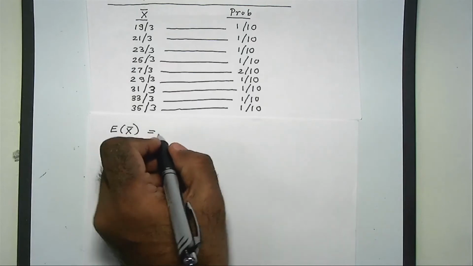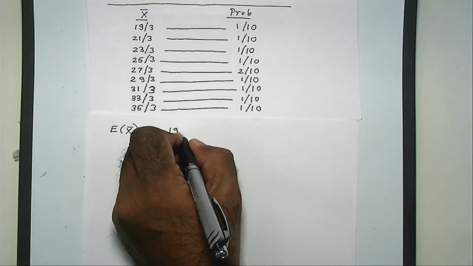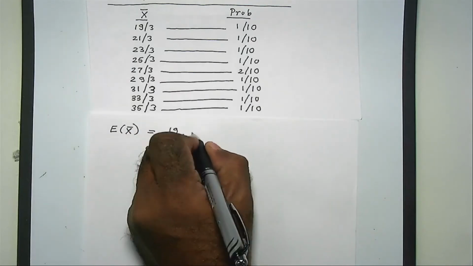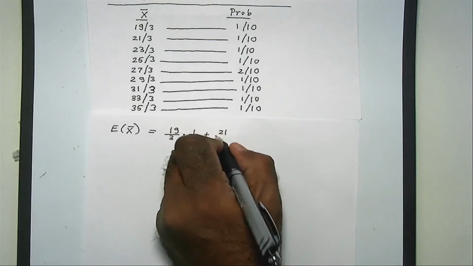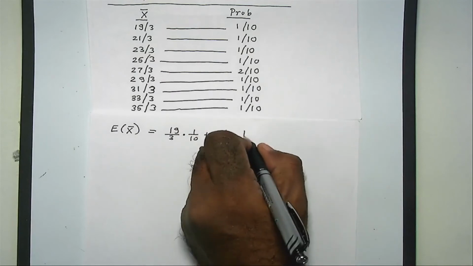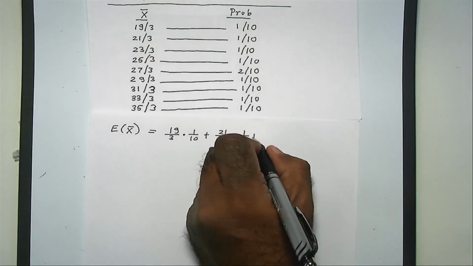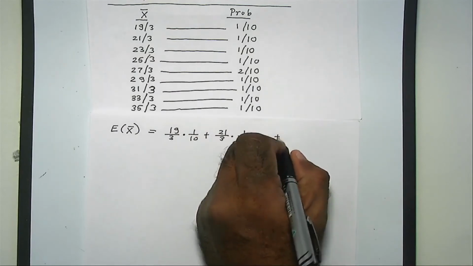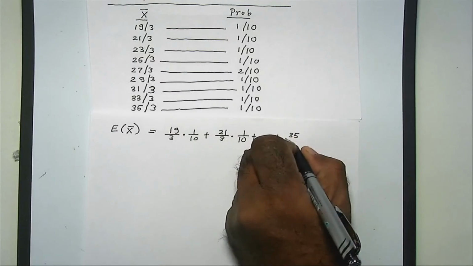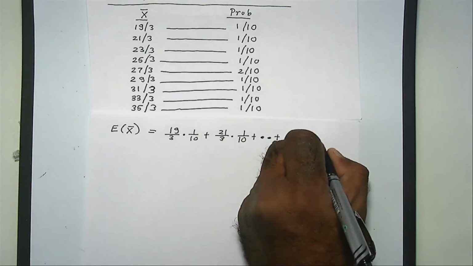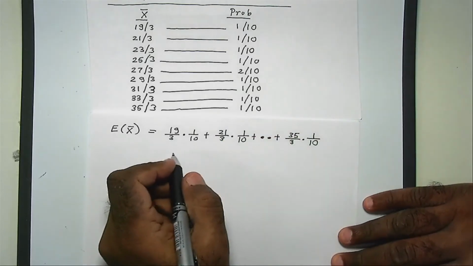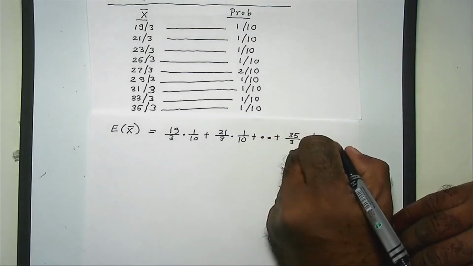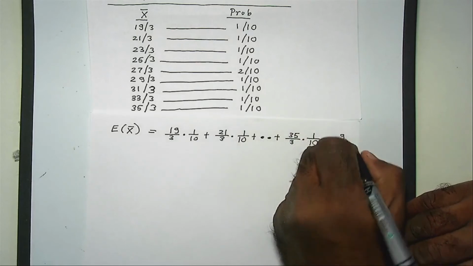So it's gonna be... okay. Now you should sum this. You will get the answer will be 9.